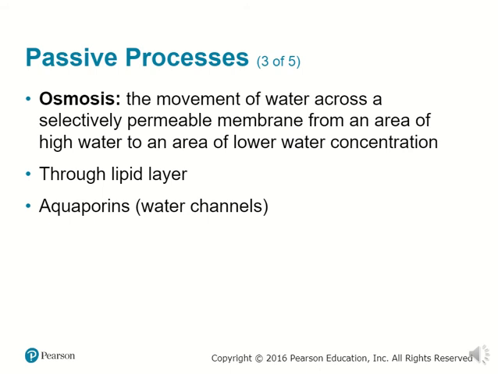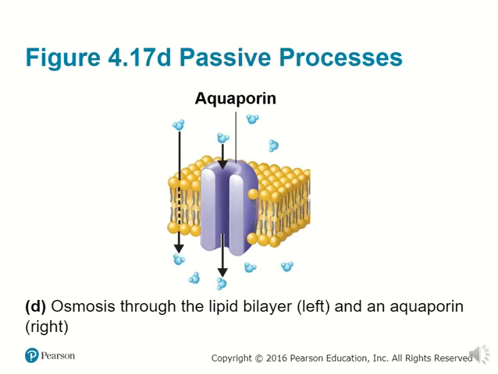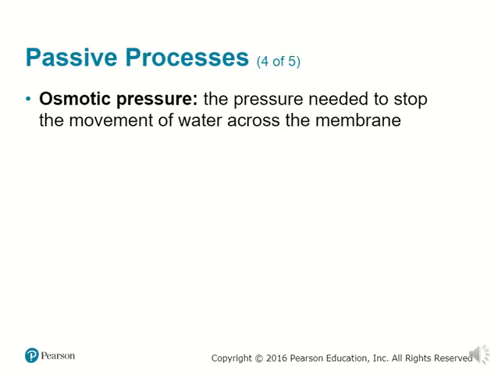It goes through the lipid layer, and it is able to do this because of water channels called aquaporins, since the lipid bilayer consists of parts that do not want to interact with water. These aquaporins act as channels that allow the free flow of water in and out, or out and in. The pressure behind this is called osmotic pressure, which is just the pressure needed to stop the movement of water across the membrane.